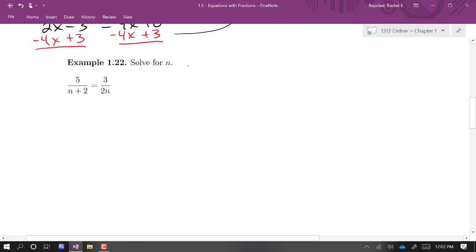Here, all the denominators are already factored, so I don't have to worry about that. I just want to make sure I pick up all the factors, so I need a 2 and an n plus 2. So I'll multiply now both sides by that LCD.